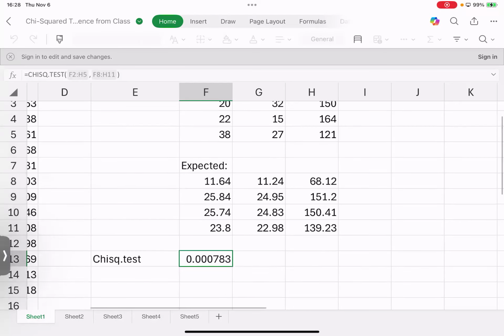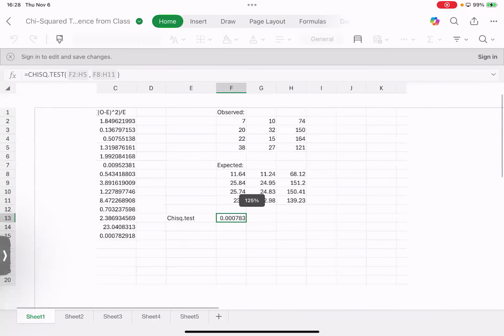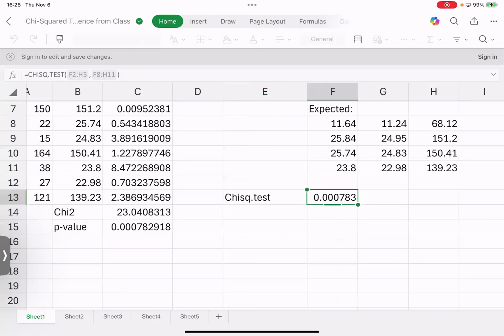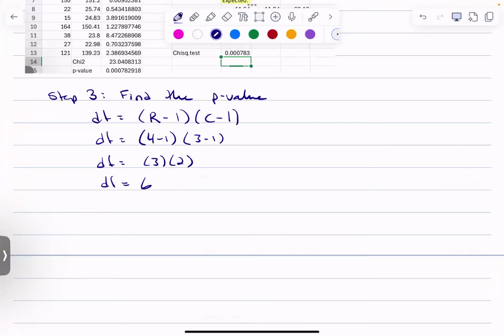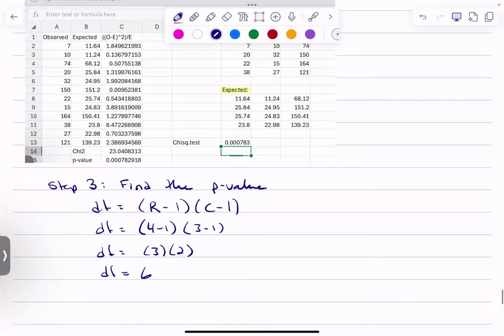And it produces the p-value, which means it doesn't give you the test statistic, right? But you know how to find that if you need it. Usually we just need the p-value to draw our conclusion, right? The test statistic is just a stop on our way to the p-value.